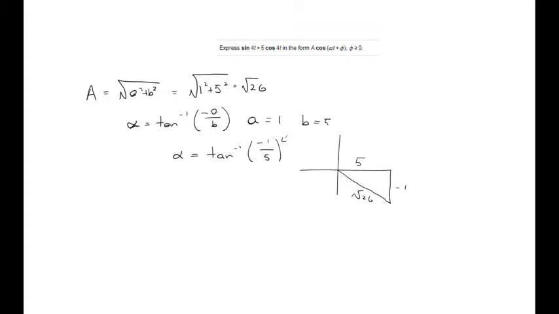So when we're looking up the inverse tan of negative 1 over 5, alpha must be negative 0.197, or if we're told that phi, not alpha, phi is positive, then we have to rewrite that not as negative 0.197, but we have to go around the other way and say that that's equal to 6.086.